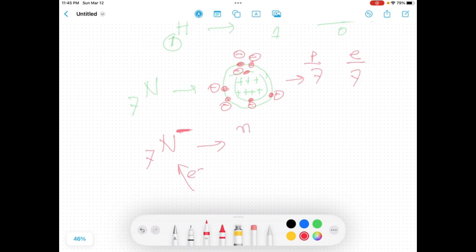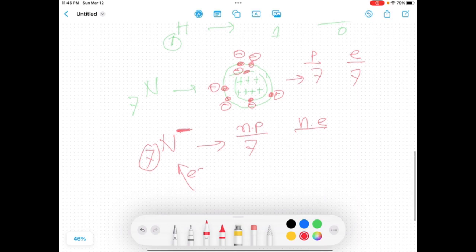So the number of proton will be 7, because the atomic number, the proton number, never changes. The atomic number and proton number will always be constant. So the number of proton is the same, but since one electron is added, the 7 protons and 7 electrons neutralize, but one extra electron remains negative. So you have 7 plus 1, 8 electrons in this negatively charged atom.